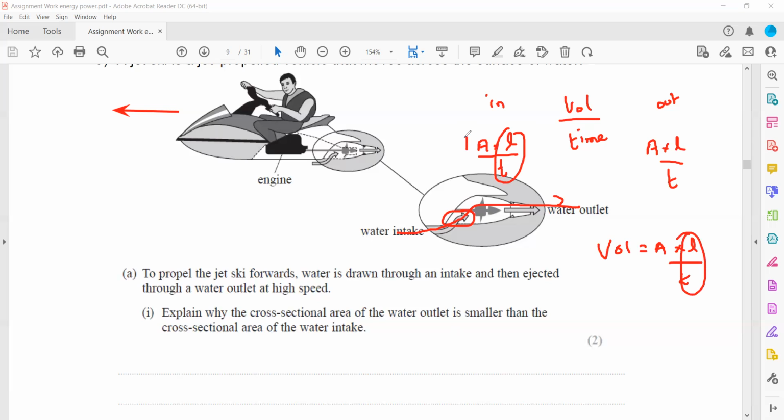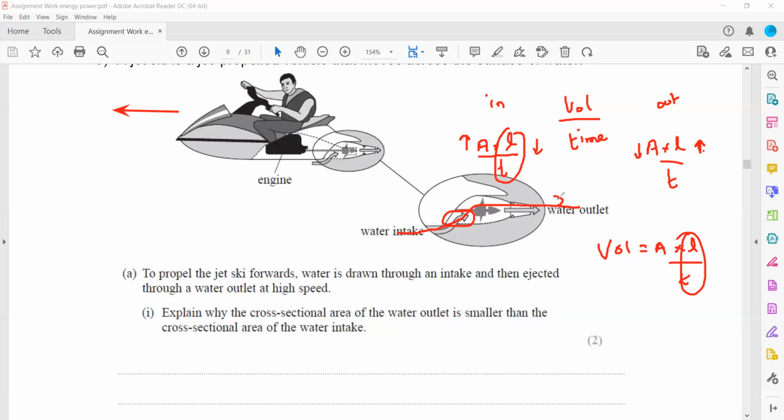For the intake, the area through which the water is coming in is larger, so the water will flow at a slower rate. But for the other side, the water outlet, which has a small area, the flow rate of the water will be higher.